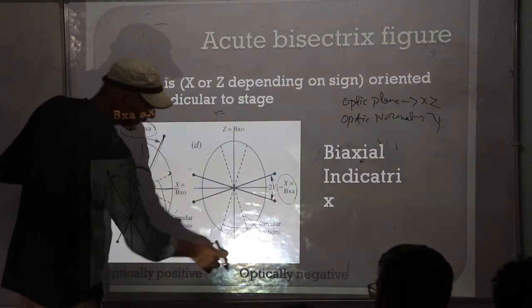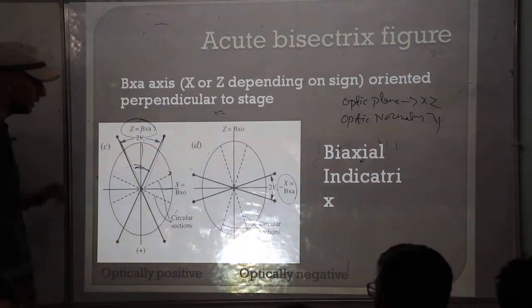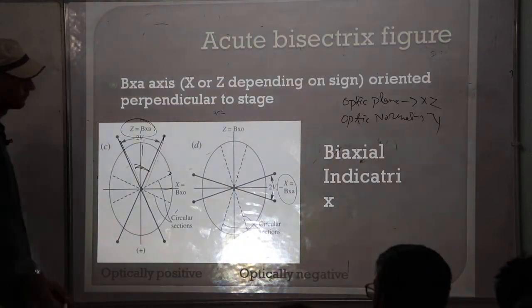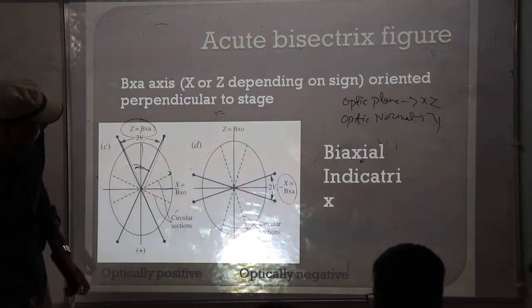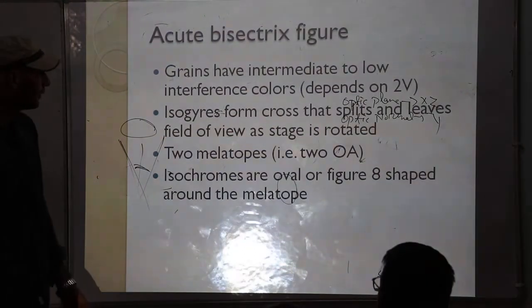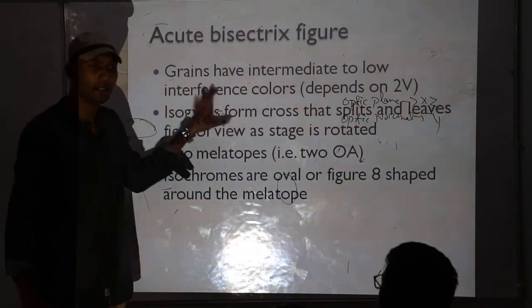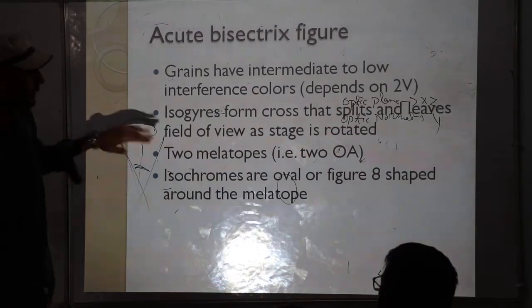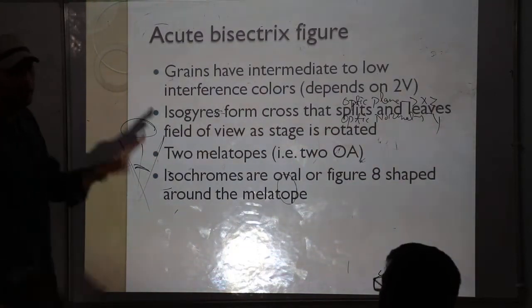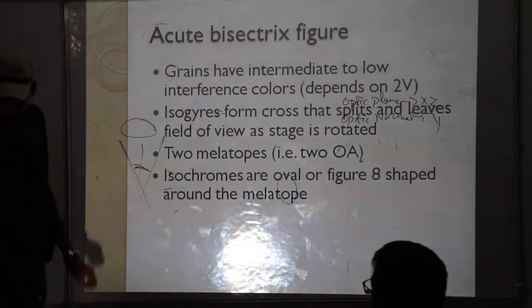If it is X, then that is negative. If that is Z, that is positive. So if you are taking acute bisectrix figure, that means you are cutting the section perpendicular to Z or X, right?